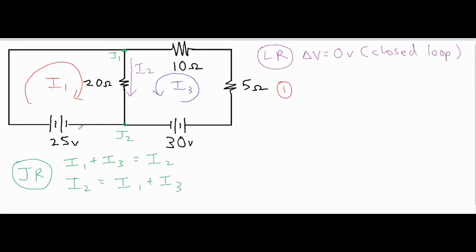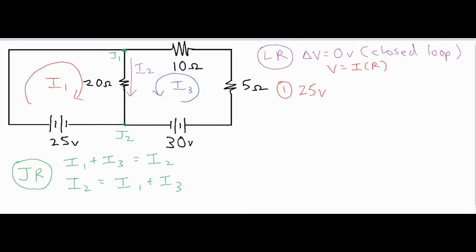And as I go through the set of batteries or this power source, it is going to step up my voltage 25 volts. Okay, and then as I go around this loop, it looks like I'm going to pass through this 20 ohm resistor, and my voltage is always going to be the current times the resistance.